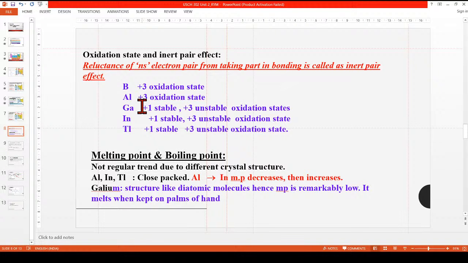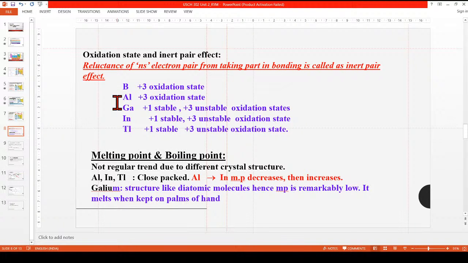This is called the inert pair effect, the reluctance of the ns electron pair, the electron pair in the s orbital, 4s2 4p1 in this electronic configuration, that 4s2 electron pair is not taking part in bonding, and therefore it is called the inert pair effect.